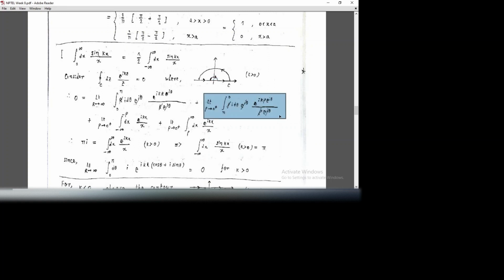So again, get z equal to rho e to the power i theta, but rho is now tending to 0, and this is the integral.